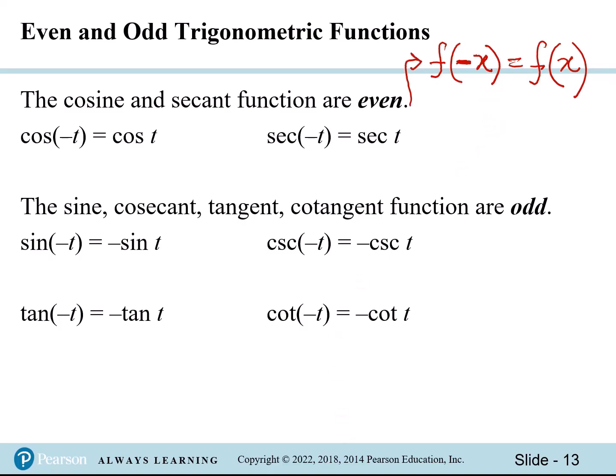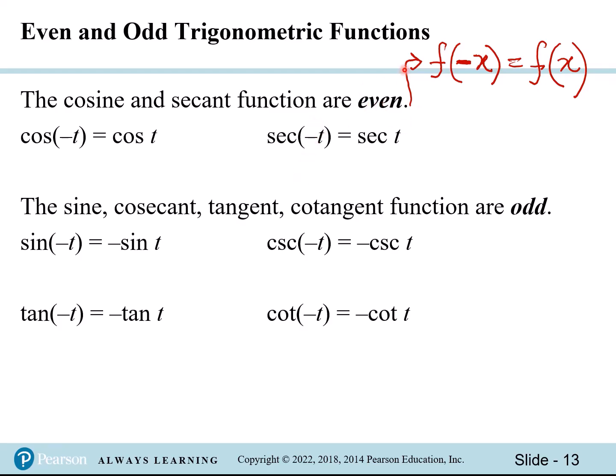Of the 6 trigonometric functions, only the cosine function and its reciprocal, the secant function, are even functions. The rest of the functions are odd functions. But let's try to work this out, the cosine and the secant functions, for the angle of pi over 4, knowing that it is an even function.